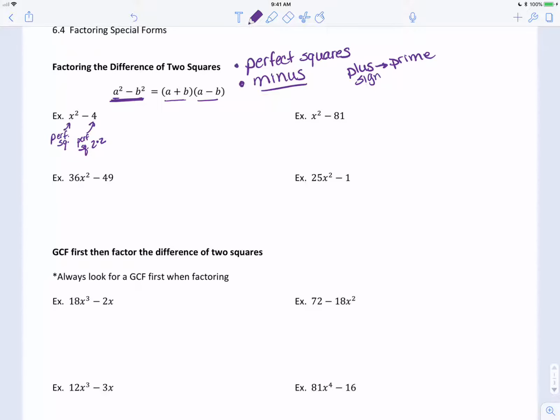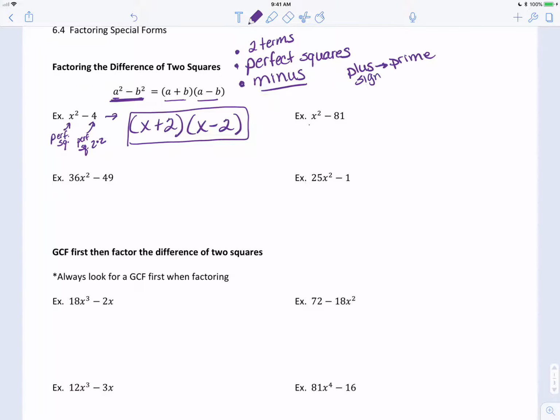So we know that this is automatically going to factor into x plus 2 and x minus 2. And these are a little bit easier to recognize because they are just two terms: two terms, both of those terms are perfect squares, and a minus in the middle, okay?